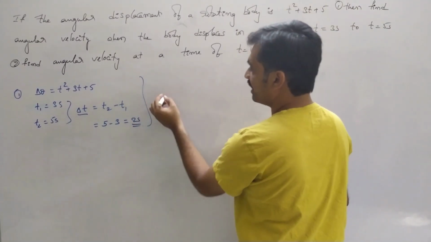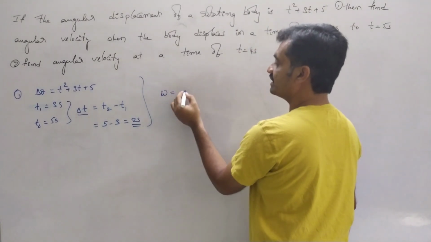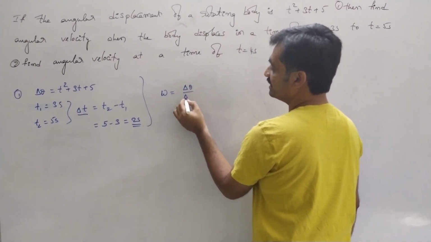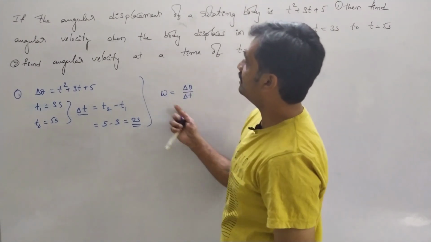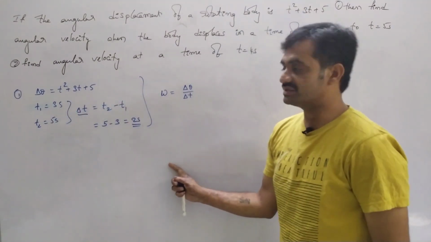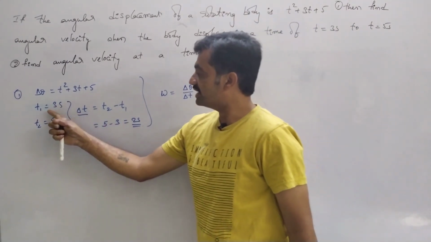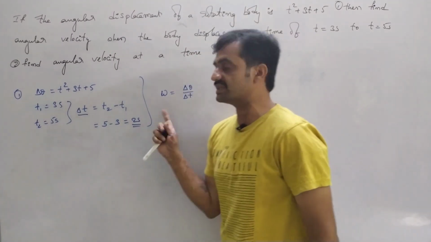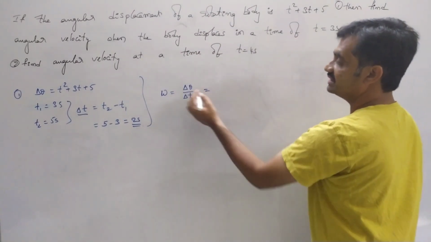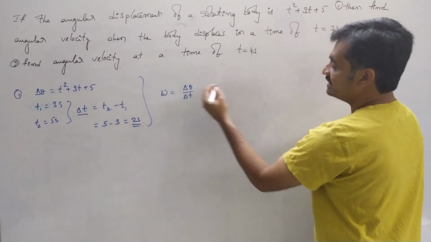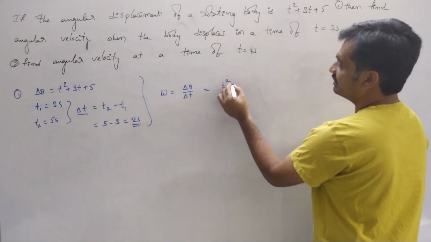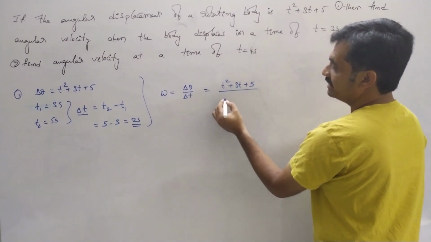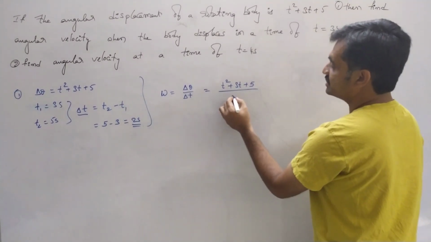Now based on this data we have to find angular velocity, where we know that angular velocity is nothing but delta theta by delta t for average angular velocity. Why? Because here the body has been displaced from t1 equals 3 seconds to t2 equals 5 seconds. So based on that, we can substitute delta theta by t2 minus t1, which is 2 seconds.